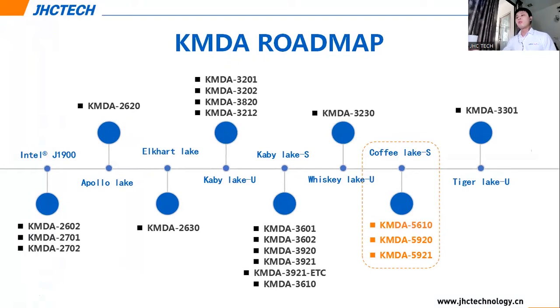Different CPU platforms can provide many functions and choices for our customers. Now we have Intel J1900, Apollo Lake, Elkhart Lake, Skylake U or Kaby Lake U, Skylake S or Kaby Lake S, Whiskey Lake U, Coffee Lake S, and Tiger Lake U. Today, the protagonist of the presentation is equipped with the Coffee Lake S processor.